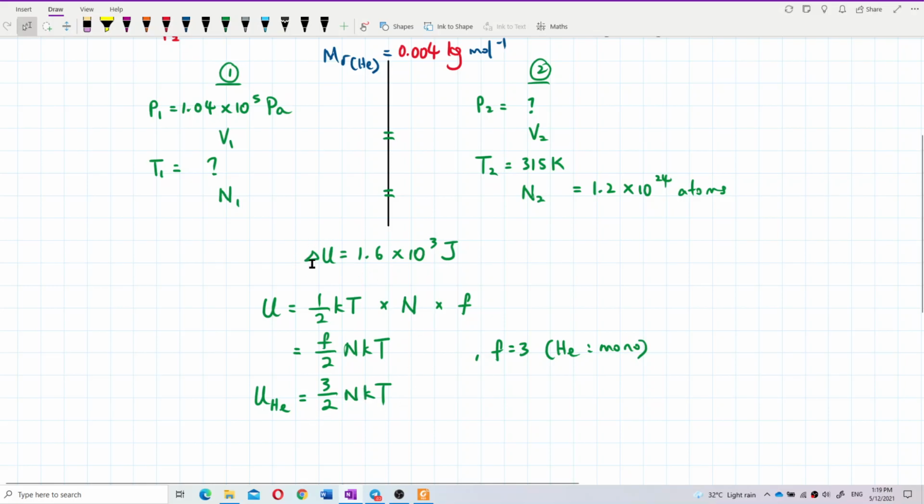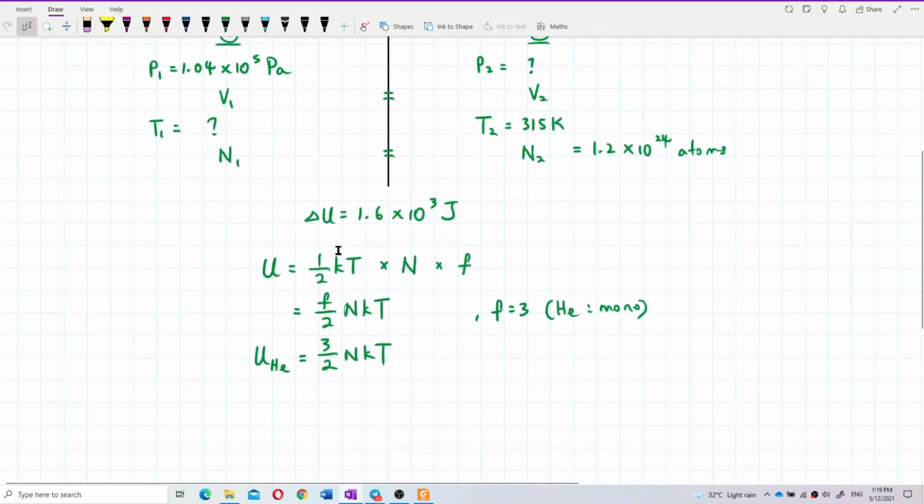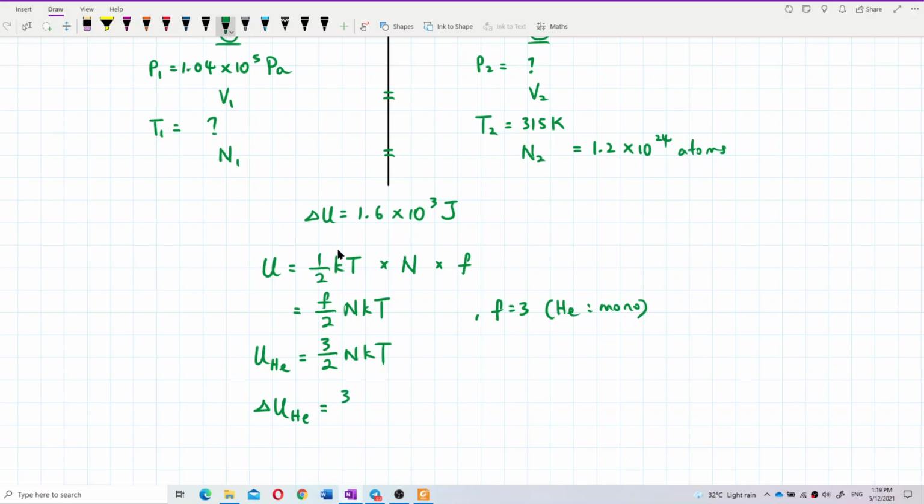Next, delta U, the change of internal energy. If you want to find the change of internal energy of helium, then what changes is the temperature, isn't it? 3/2 nk delta T. If the change of internal energy means change of temperature, all the rest, the number of atoms, is the same. Okay, we got this, right?